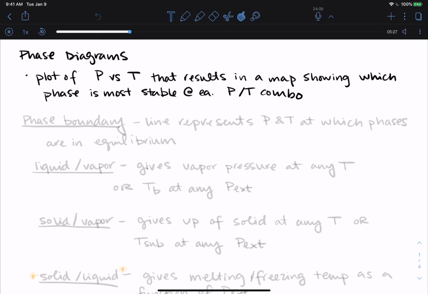So you will see a couple of lines, and then you'll see a bunch of open areas in this phase diagram. So the lines are called phase boundaries.